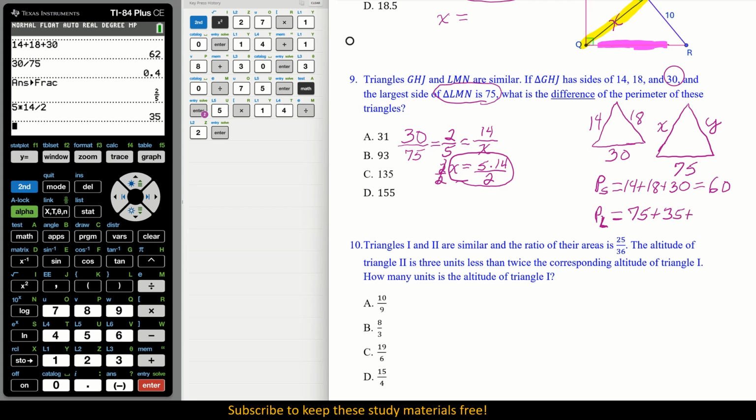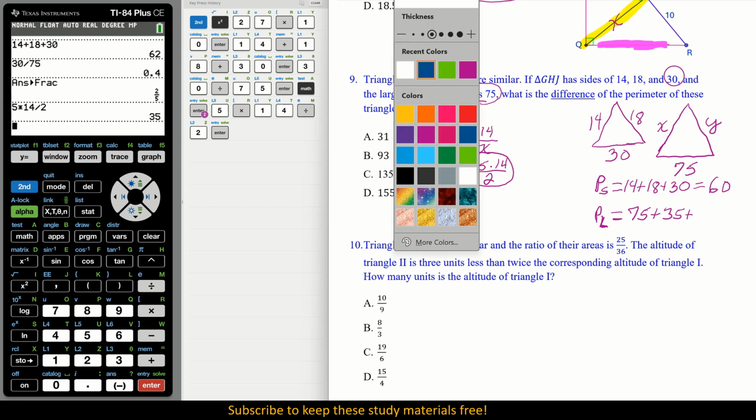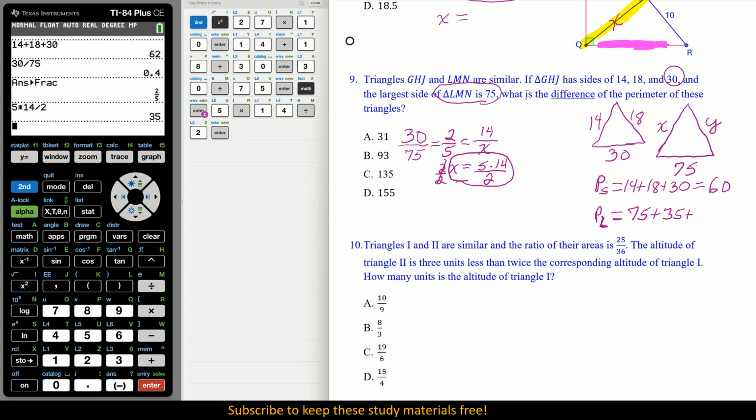Now I need to solve for y, and I go through the exact same process. However, I am changing colors because things are getting crowded. So I'm going to do 2 over 5 equals 18 over y.